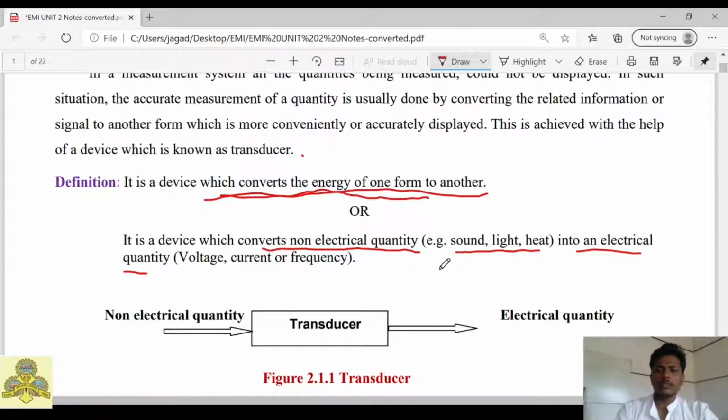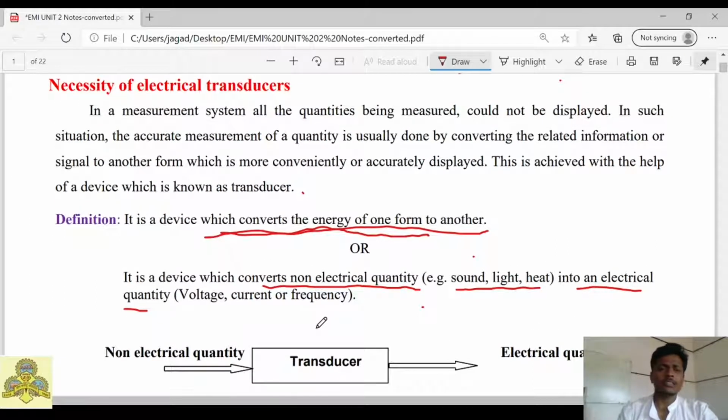If you speak, the sound signal is converted into electrical and given to a mobile, and it stores, processes, or does any conversion on this electrical signal. In the diagram you can see a non-electrical quantity converted into an electrical quantity by means of a transducer. Hence this is actually an electrical transducer.